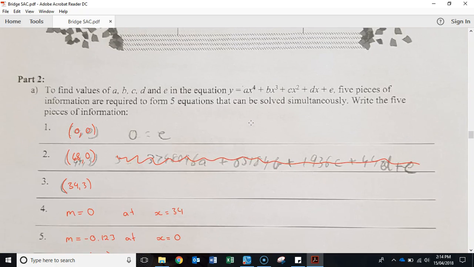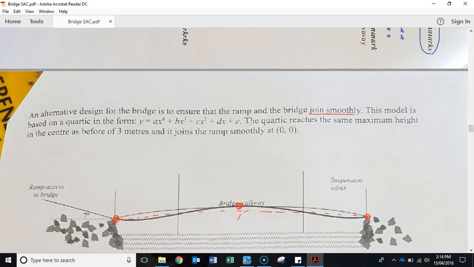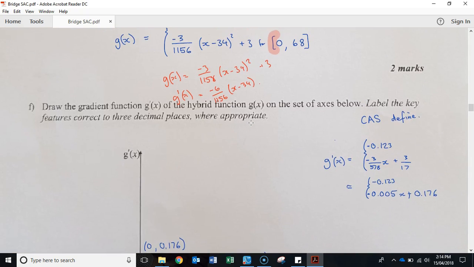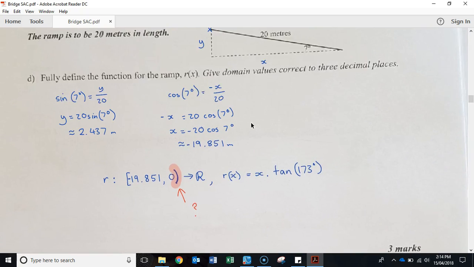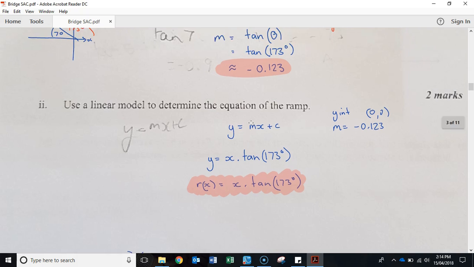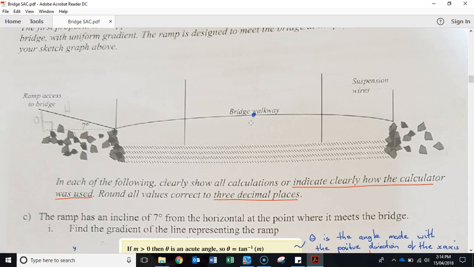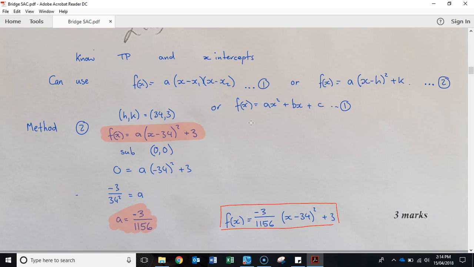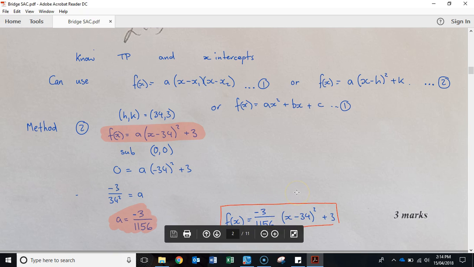Way back. Well, before that... wow, it was right back at the beginning. This one. So right back on page 1 of the SAC, we worked out what the parabolic equation for the bridge could be.